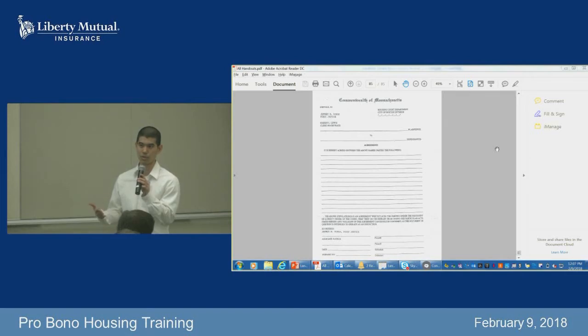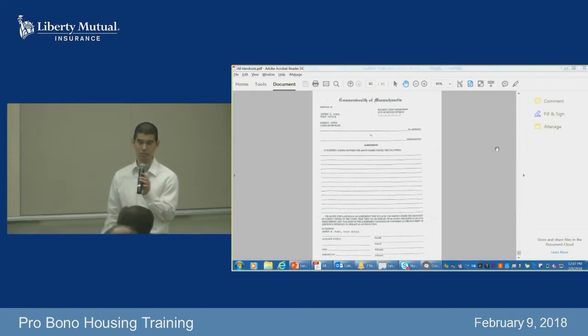Those are situations where you're entitled to an attorney for the criminal case, but you're not entitled to an attorney for the housing portion. And in some cases, losing your housing, especially if it's subsidized or public housing, can be much more devastating than what a potential criminal consequence would be.